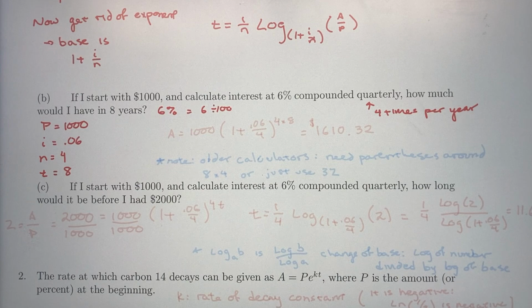So stuffing everything in, we get $1,610.32. So just a special note.